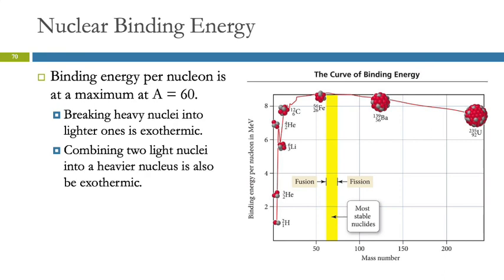So breaking heavy nuclei into lighter ones is exothermic, but combining light nuclei into a heavier nucleus is also exothermic. How does that make any sense? Because matter is not conserved. So when you break the large one into smaller pieces, some matter is converted to energy.